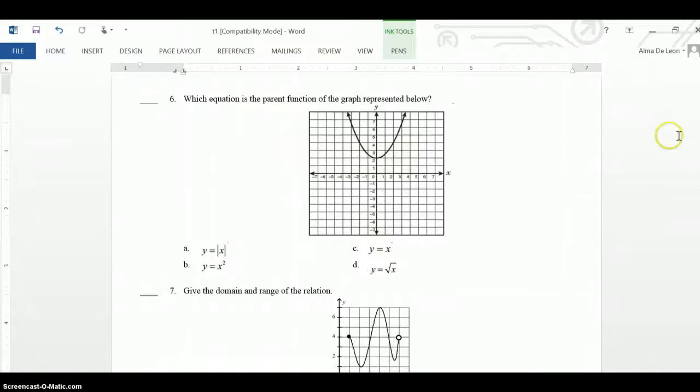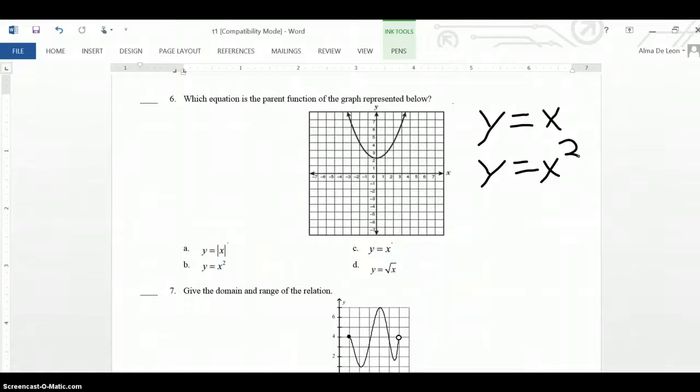Which equation is the parent function of the graph represented below? Well, our graph looks like a U. And remember, we only have 2 parents. Well, at least 2 biological parents. In algebra 1, we only have 2 parent functions, which are y equals x and y equals x squared.